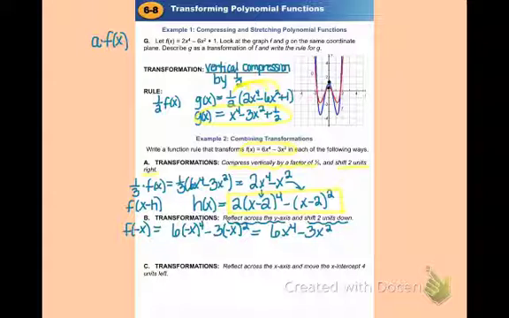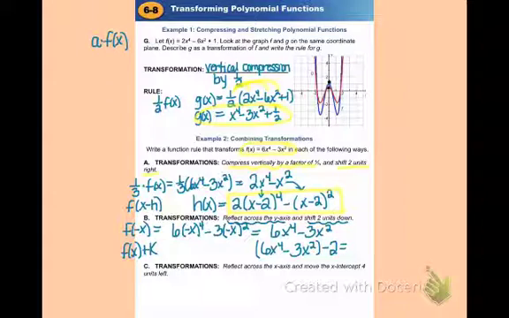But now the second transformation is a shift 2 units down. And so that rule looks like this. F of x, whatever the function is, we just add the k value on. And so that's the slide amount up or down. In this case, we're going to go 2 down. We're just going to take this whole function, 6x to the 4th minus 3x squared, and from that, we're going to subtract 2, because we're going down 2.